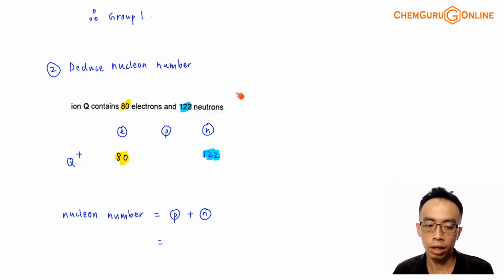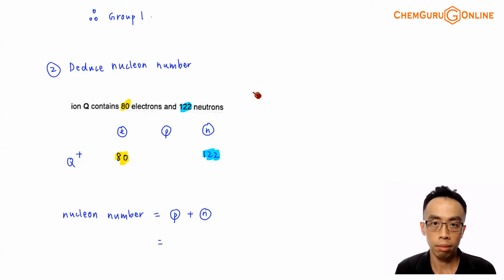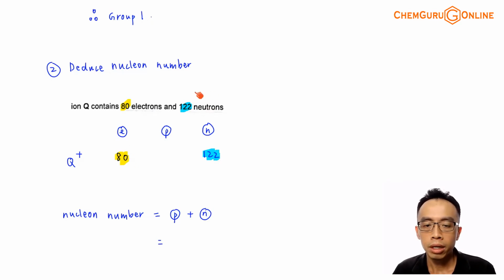So if I want to determine the nucleon number, which is the mass number, which makes up the number of protons and the number of neutrons that I can find in the nucleus, I have to determine what is the number of proton for your Q. So the number of your subatomic particles are here, number of electrons, number of protons, and number of neutrons. Given in the question, the number of electron is 80 and the number of neutron is 122.